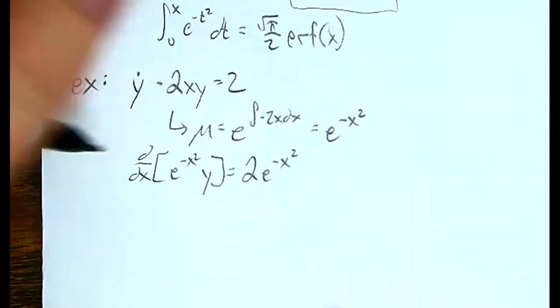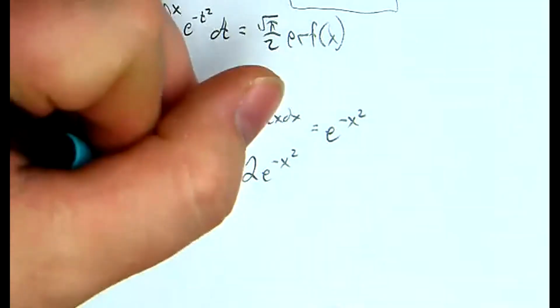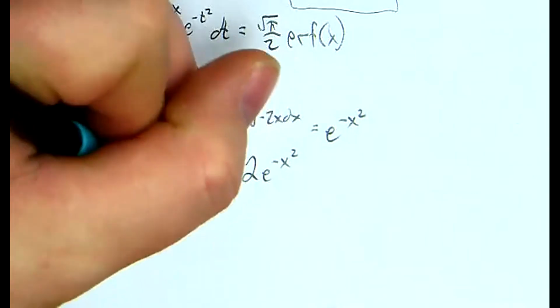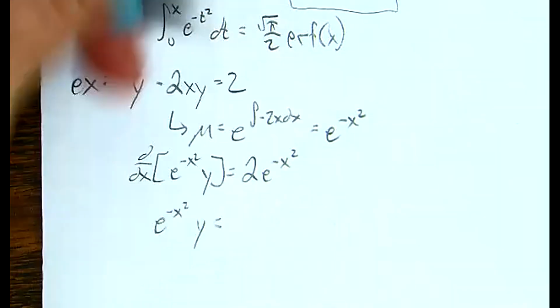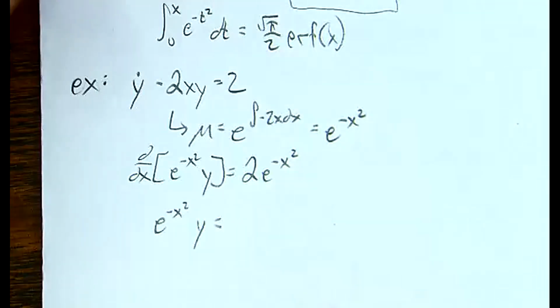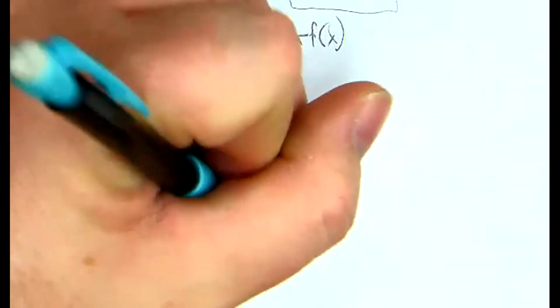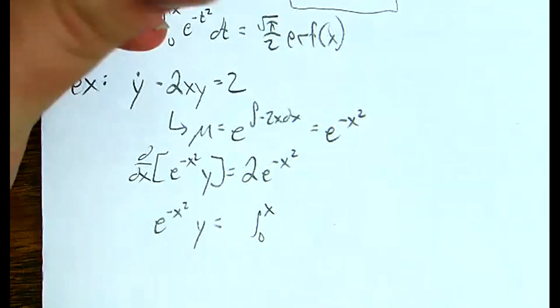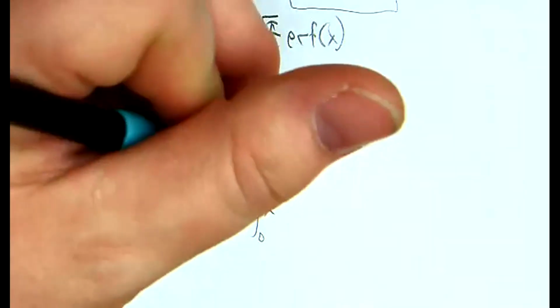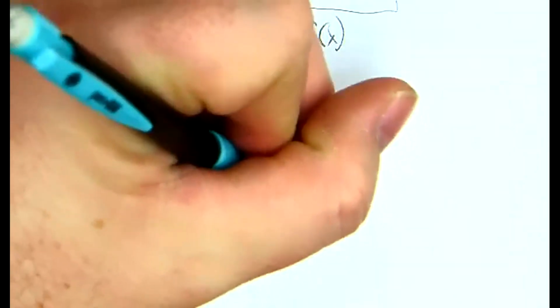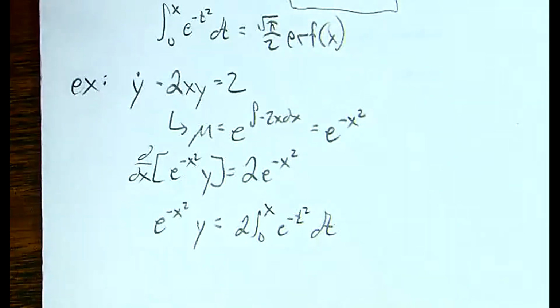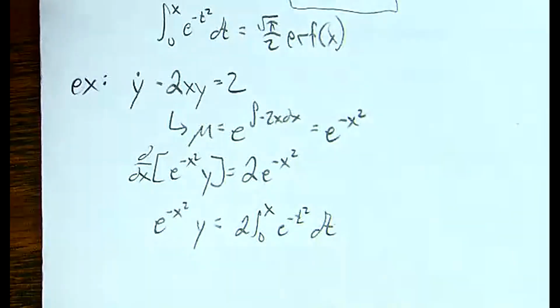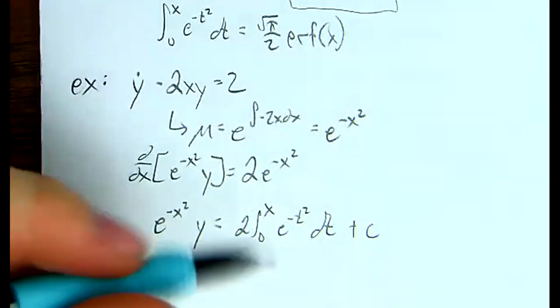And now, if I try to undo that derivative, I get e to the negative x squared y is equal to the integral from 0 to x of e to the negative t squared dt times 2, plus some constant.